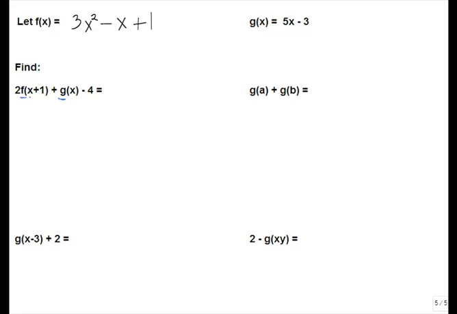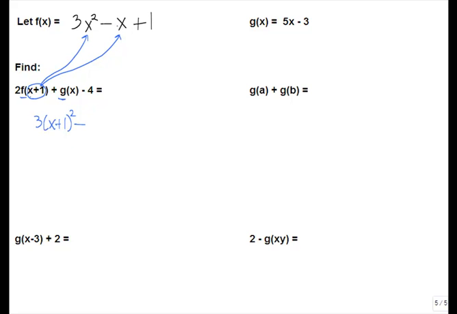The f is using x plus 1 as its input, so that means we're going to take x plus 1 and substitute that in for this x and for this x. We're not going to plug it in over here because this doesn't have an x in it, it's just a constant. So f of x plus 1 would look like 3, and then instead of this x, we're going to put x plus 1 in its place, wrapped in parentheses, but that x is supposed to be squared, so we want to square that whole quantity.